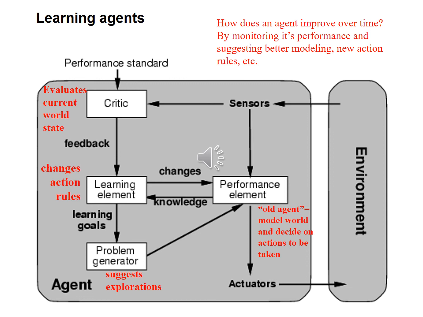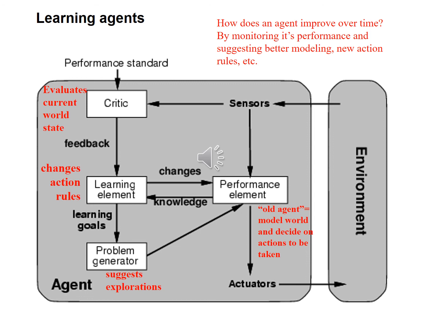The last component of the learning agent is the problem generator, which is responsible for suggesting actions that will lead to new and informative experiences. For example, if we just used the performance element, we would keep doing all the actions from before and the system would not learn.